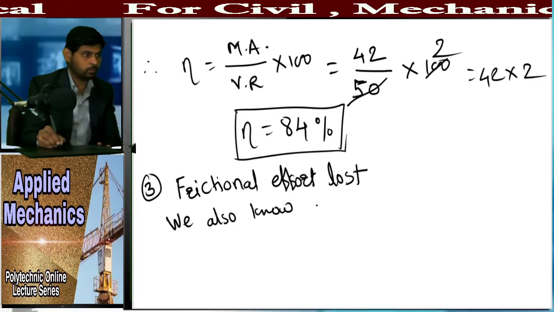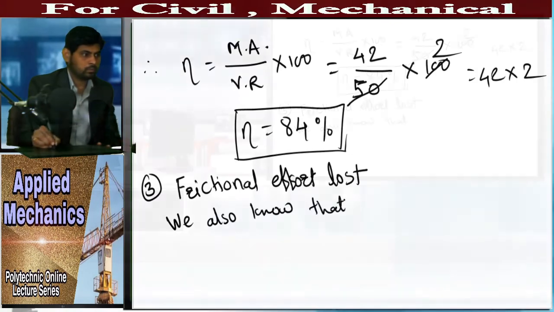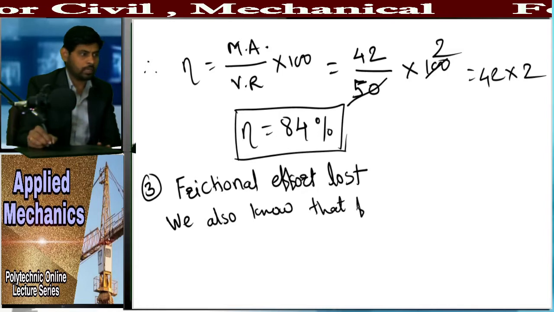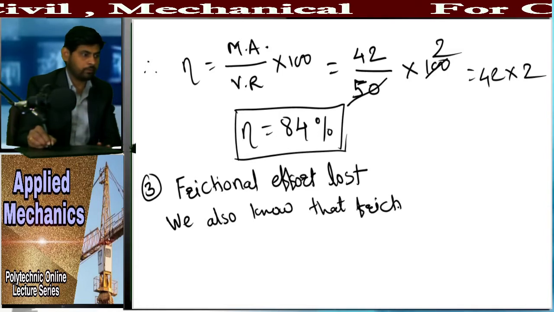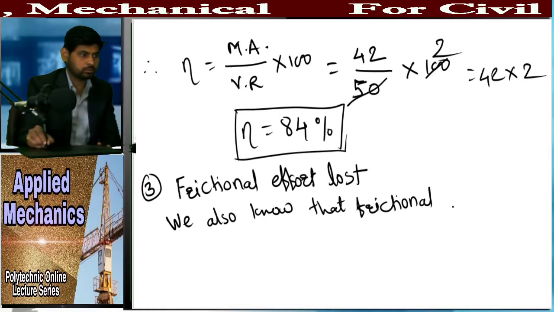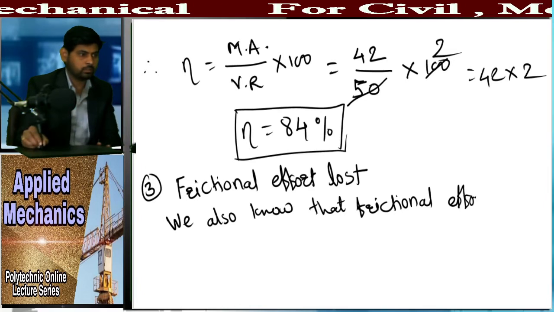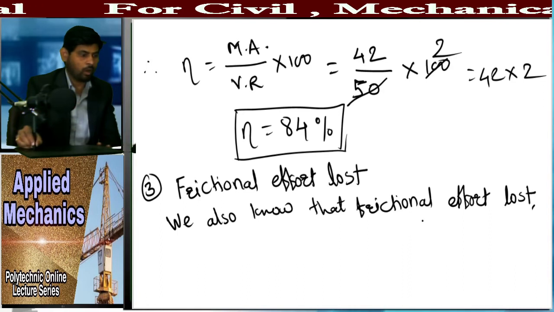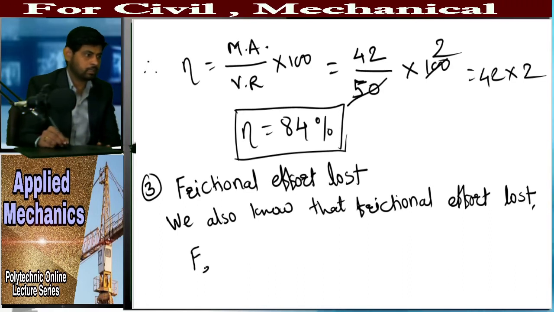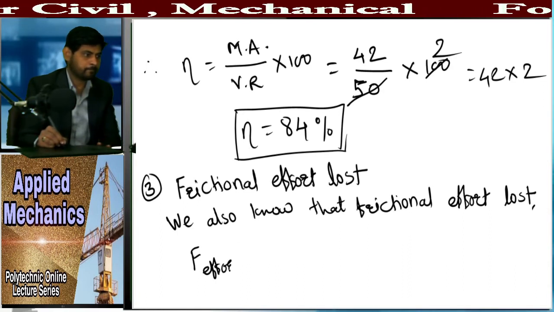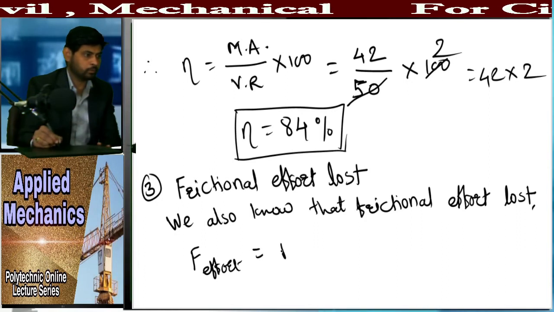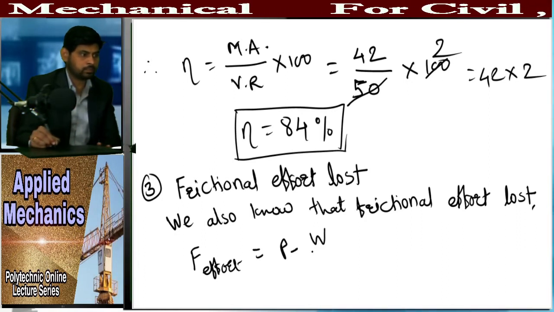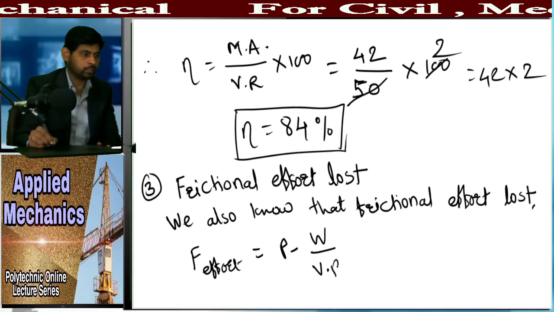We also know that, okay, what do we know? That the frictional effort lost, that is F effort, is equal to P minus W upon velocity ratio.